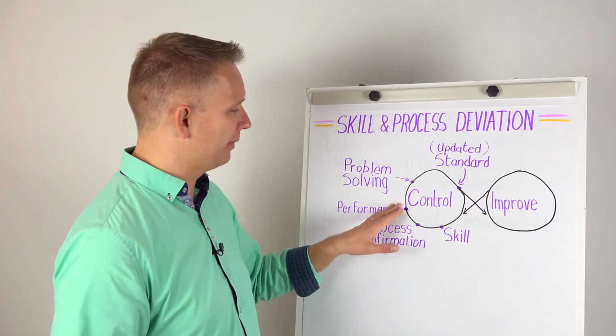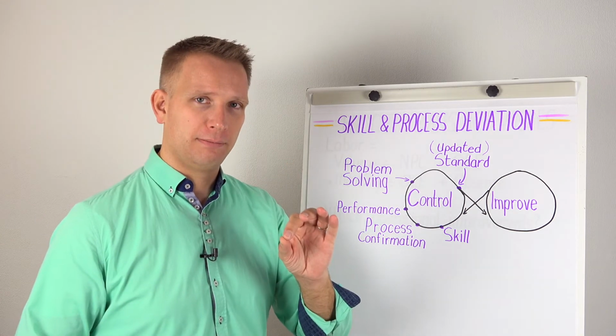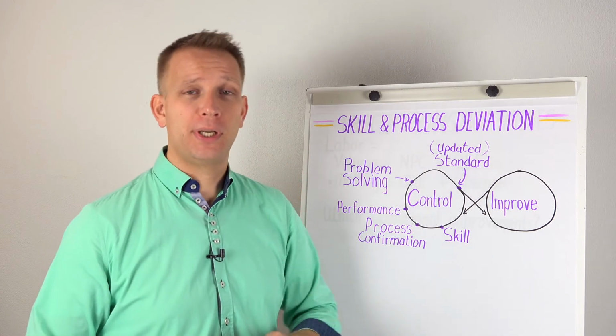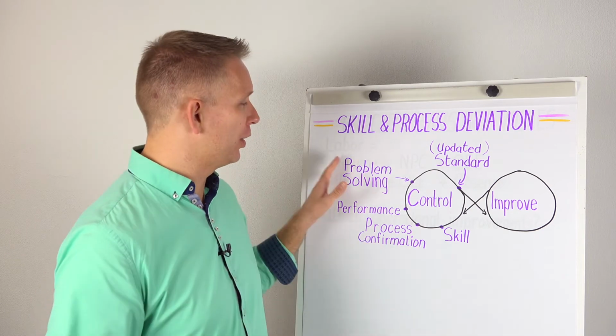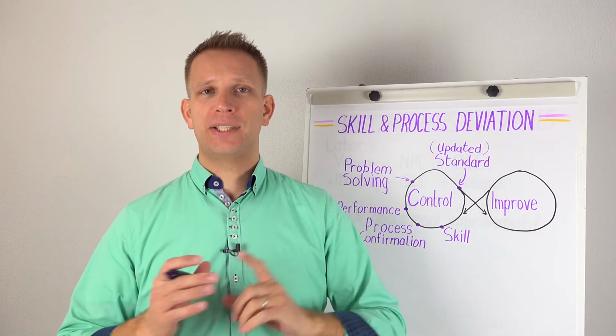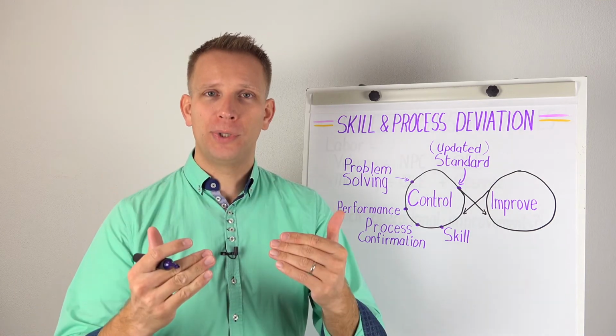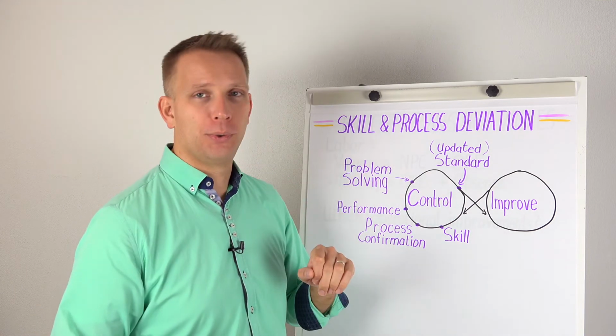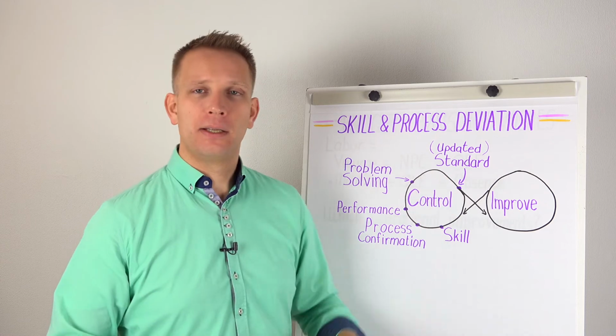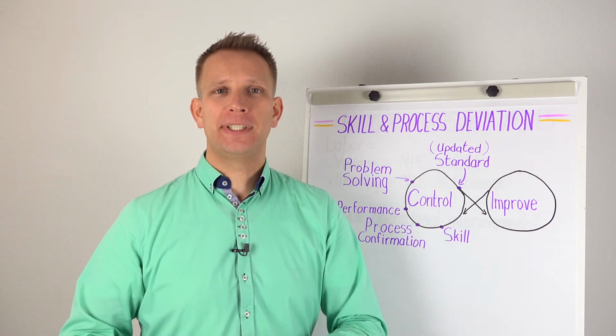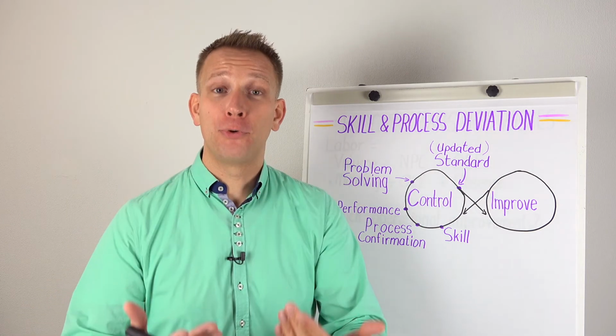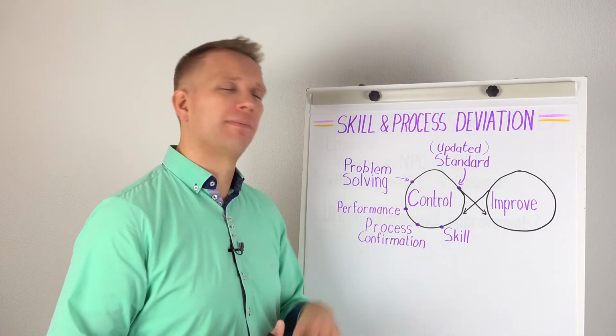But all 3 can signal the deviations, especially when they are more frequent. You put the full 6-step problem-solving method onto that problem, get to the root cause, update your standards based on what the team finds, and improve in this way also your performance.